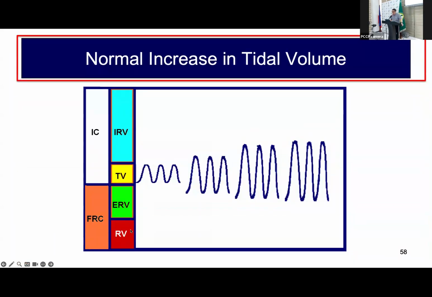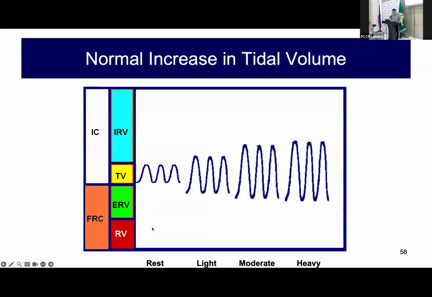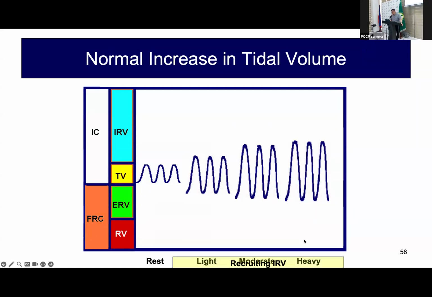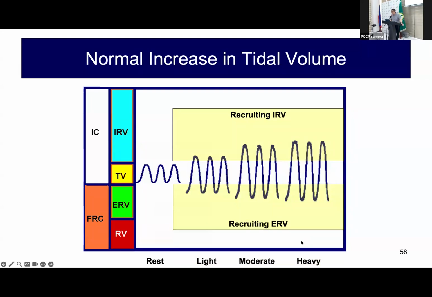So how do we increase our minute ventilation during exercise? This is the breathing pattern at rest, light, moderate, and heavy exercise. How do we increase our tidal volume? What's the pattern? We recruit our IRV and we recruit our ERV. That's the normal response.